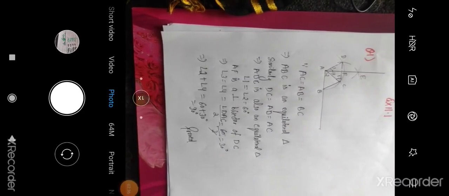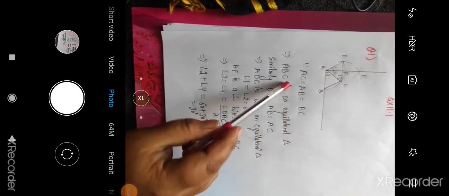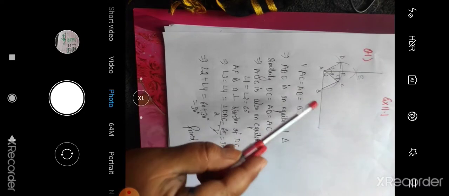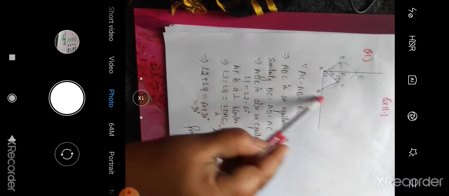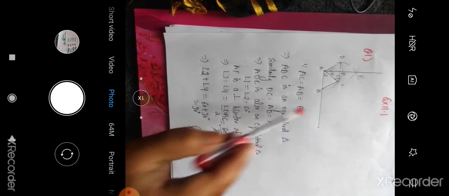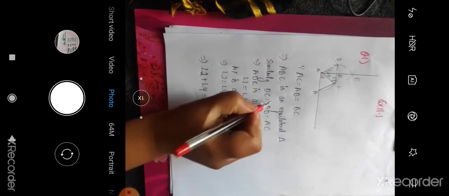I have solved the question for you. What I have done in this question is that I have joined all these lines together. Now AC equals AB equals BC, hence it is an equilateral triangle, and you know that all the angles in an equilateral triangle are 60 degrees. Hence we can say that angle 2 is equal to 60 degrees. You can write it here also: angle 2 is equal to 60 degrees.